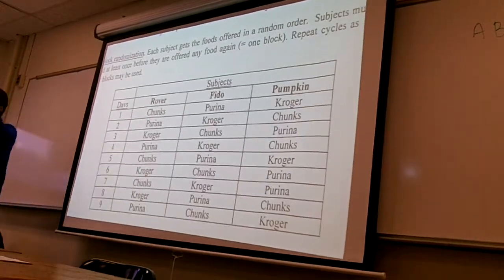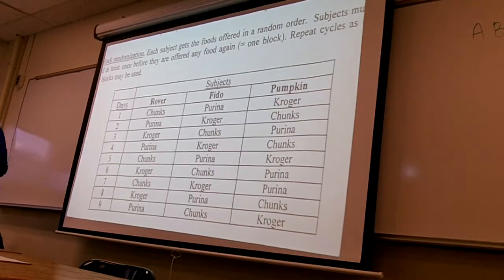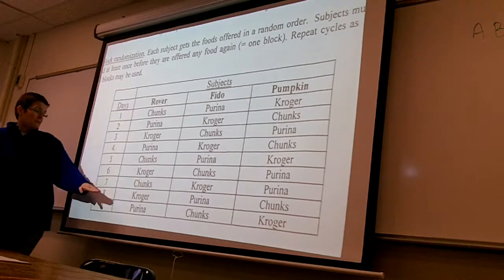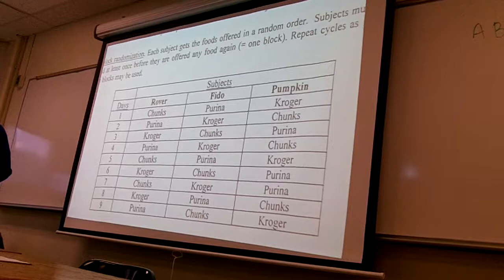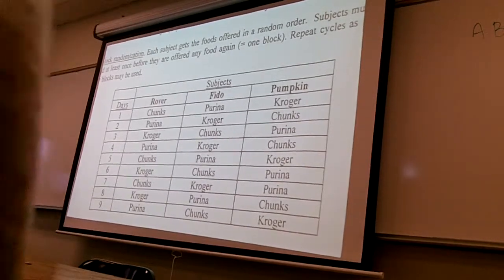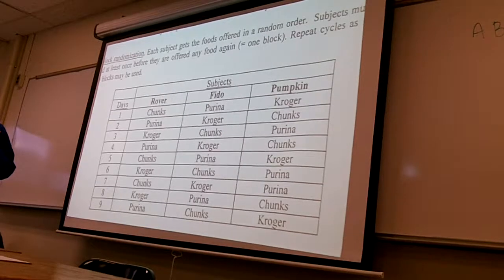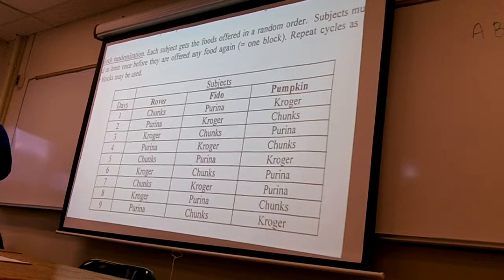And I will try and do complete blocks for each dog also. So I wouldn't stop after day 7, for example, because I have 3 different foods to eat. So I want to keep offering the food in some multiple of 3 so that I can always have the same amount of data for every food from every dog.